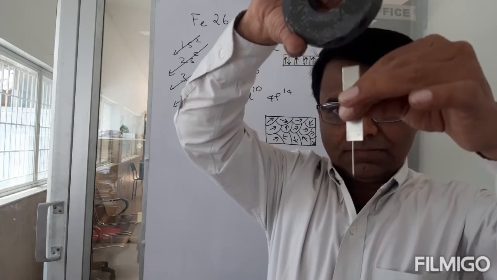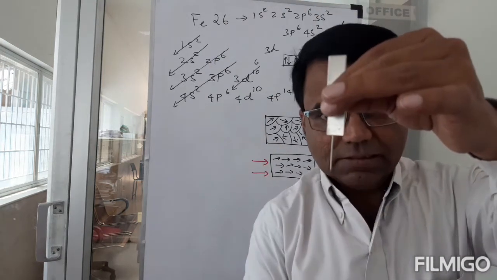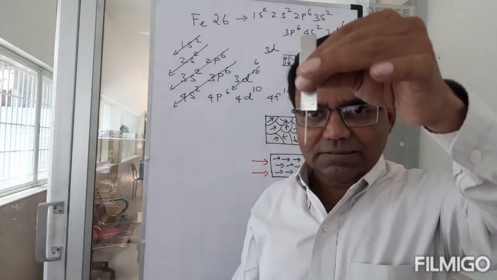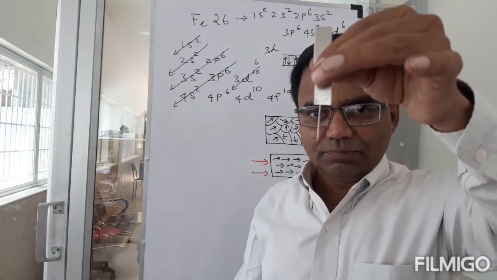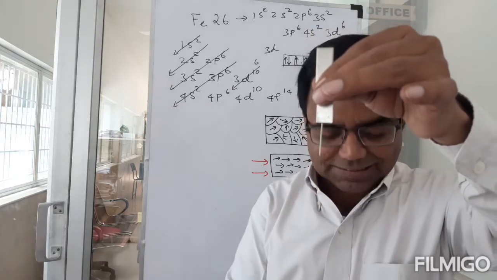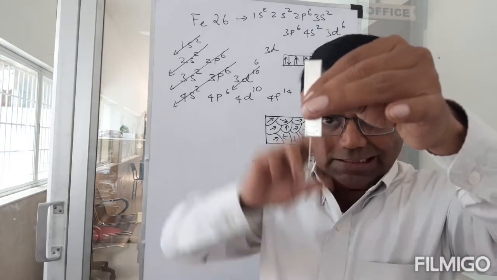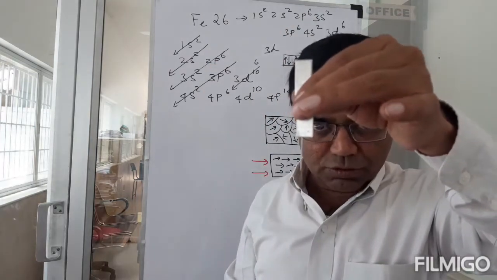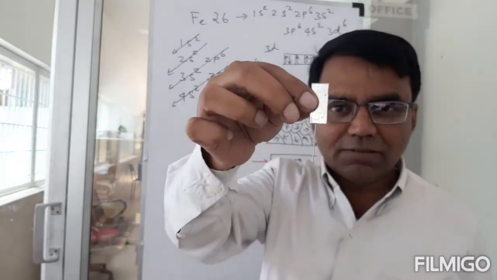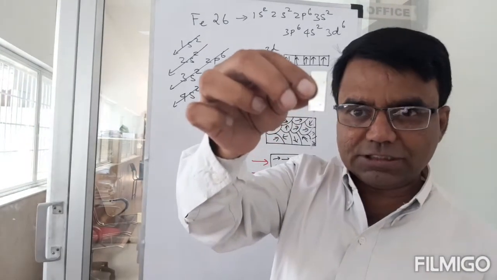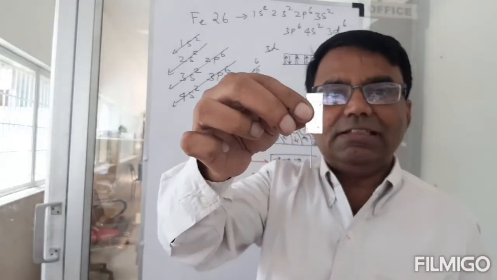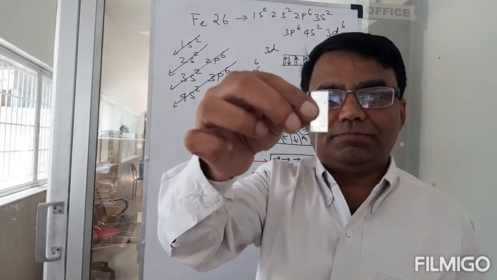Notice that the bell pin is getting stuck to the piece now. So even though the magnetic field is removed, notice that this is partially magnetized. May not be fully, but there is still a partial magnetism. It is able to retain the magnetic field at least slightly.